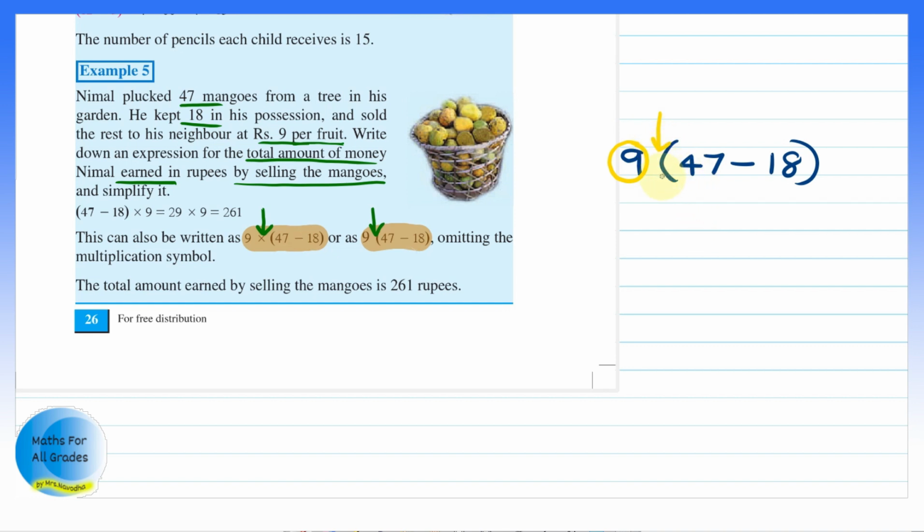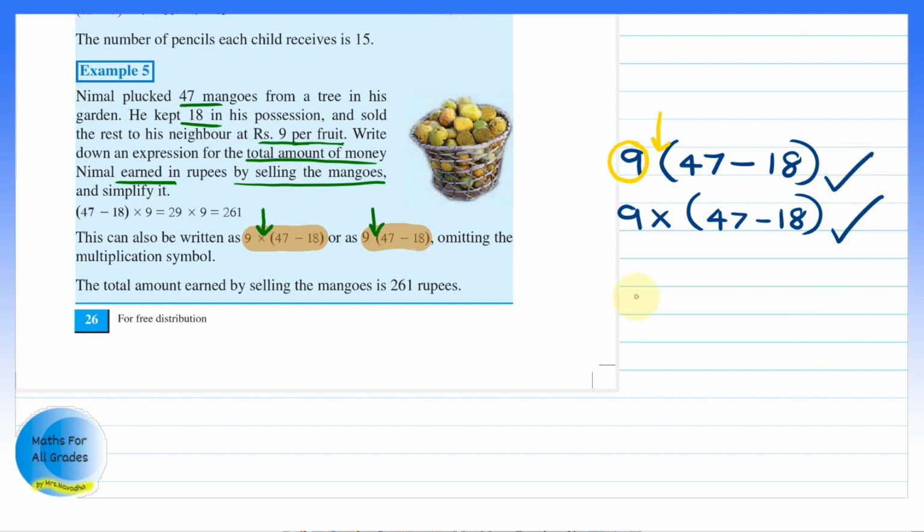So you should know that actually there is a mathematical operation, and that is multiplication. So this expression can be written as 9 times (47 minus 18). Close the bracket. These are the same and both are correct.